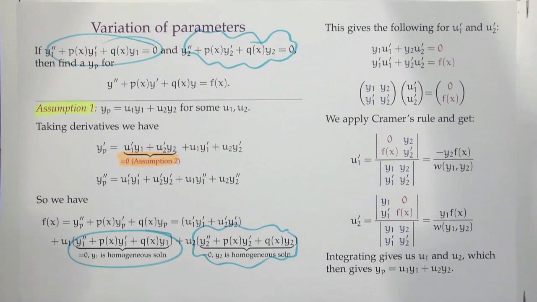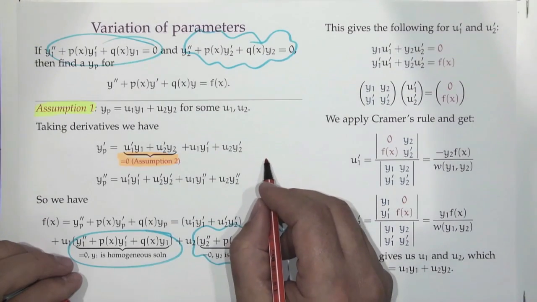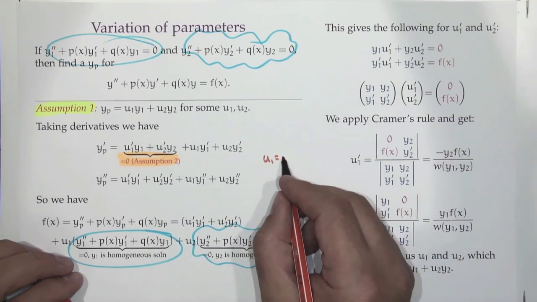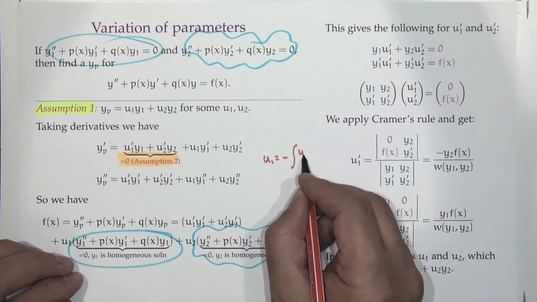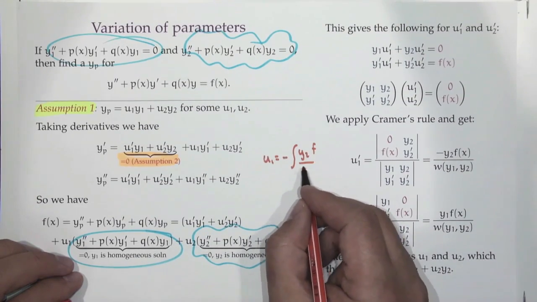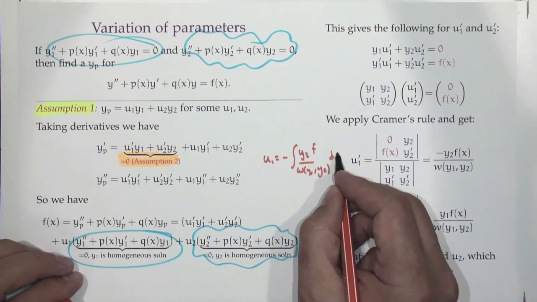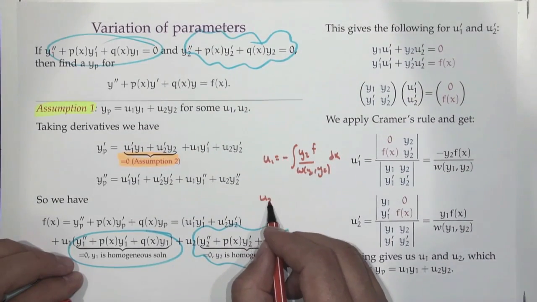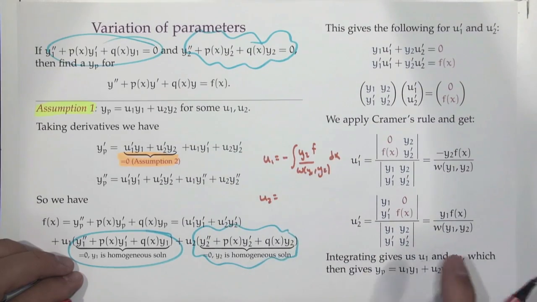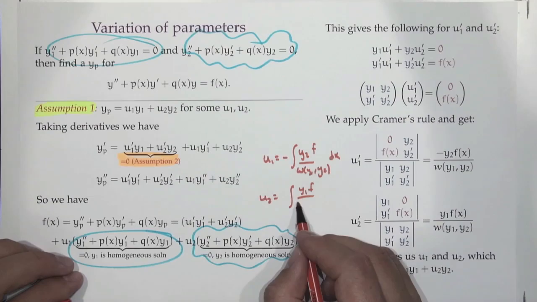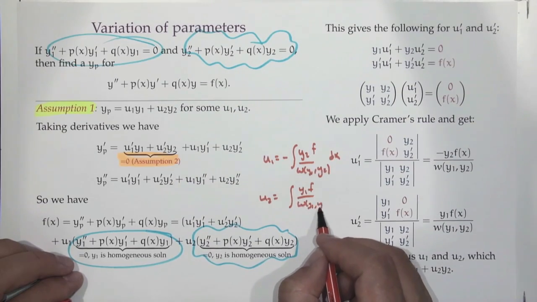Yeah, we integrate. So for example, we can say u1 is, since there's a minus, I can come out minus the integral of y2 times f over the Wronskian of y1, y2. And similar for u2. u2 is, in this case, the integral of y1 times f over the Wronskian of y1, y2.